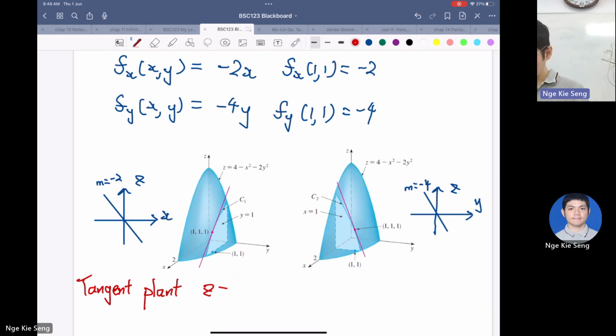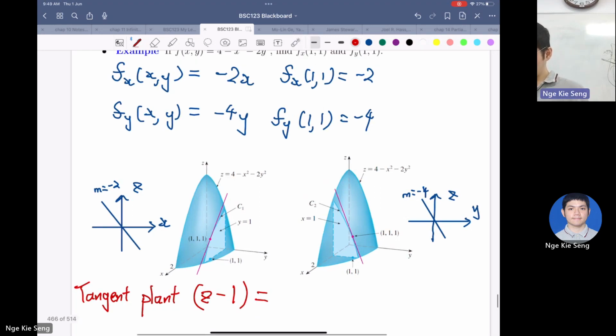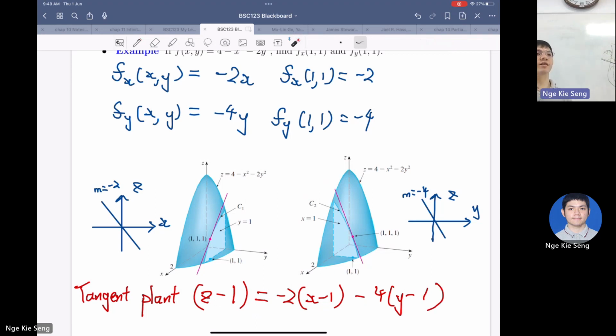z minus 1 equals fx is minus 2 of x minus 1 plus minus 4 of y minus 1. Okay, I'm explaining now. So how do we get this? Not plane, tangent plane. How do we form the plane?